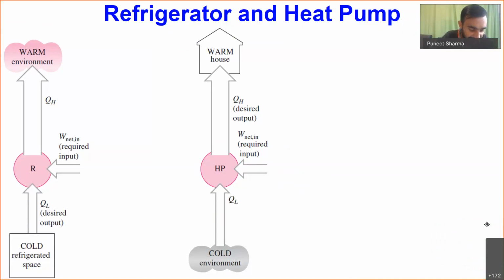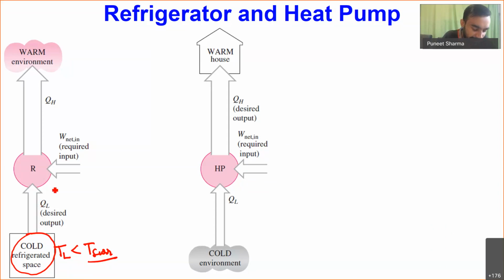In a refrigerator, we have some cold refrigerated space which we want to maintain at temperature TL, and this will be less than the surrounding temperature. That is what we want to do in refrigeration. In order to do so, we remove some QL amount of heat.